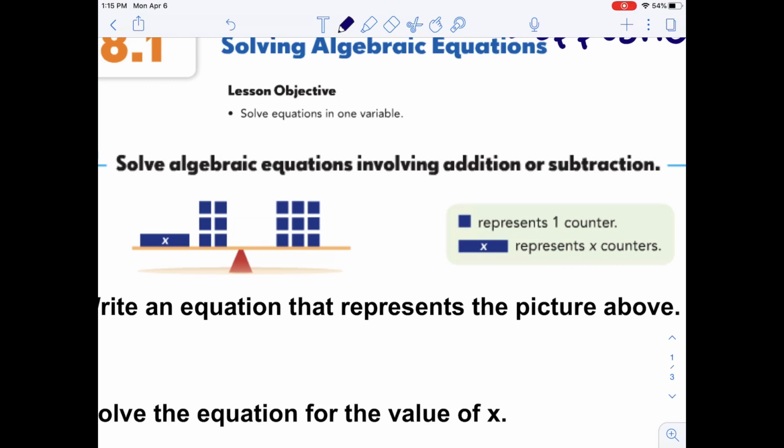Okay, so if we take a look at this picture and in our green little key off to the side, it tells us that one little box represents one counter, and then our longer box represents x counters, or that unknown variable. Okay, so we need to have our left equaling our right. That's what always works with our scale.